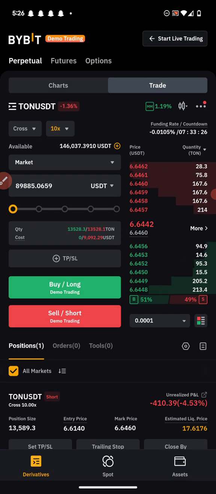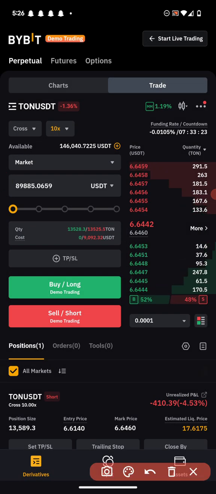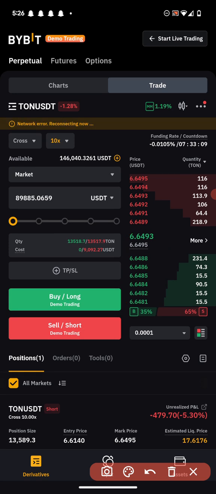Market simply means that you are buying at the current market price. This is the current market price. So anything I click here, and I either buy or sell, is going to be at the current market price. It's going to take off immediately because it is on market.